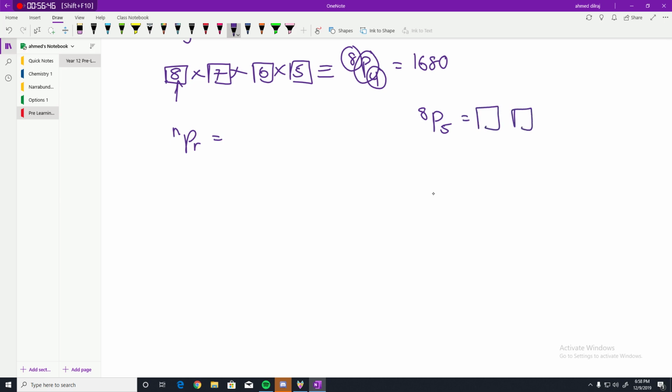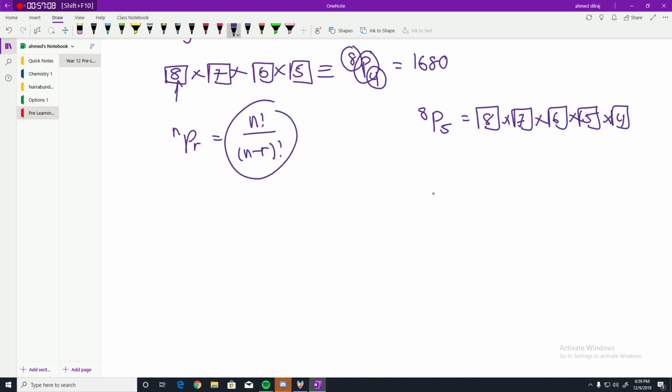So I'd have 5 boxes, right? So would you have 8 factorial divided by 8 minus 5 factorial? Perfect, right? So in the general form, it'd be n factorial divided by n minus r factorial. That's our general form of permutations.